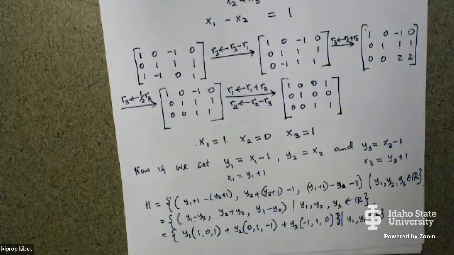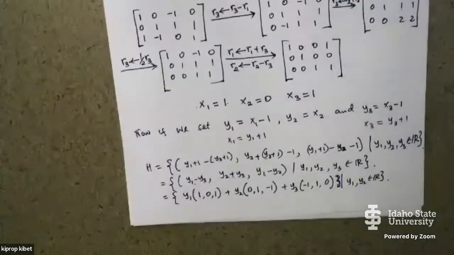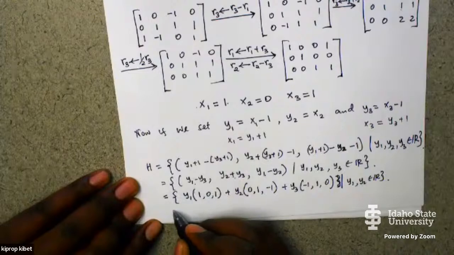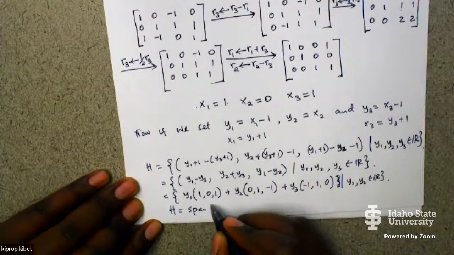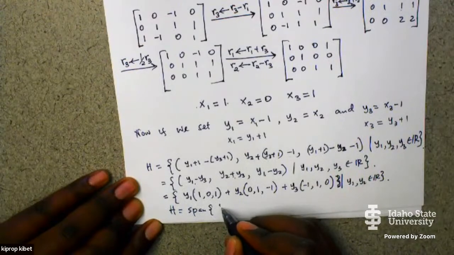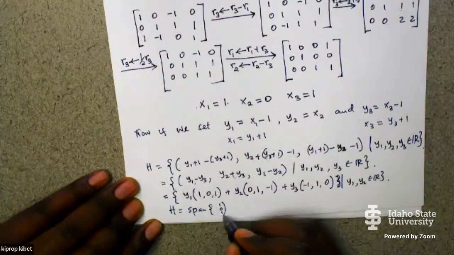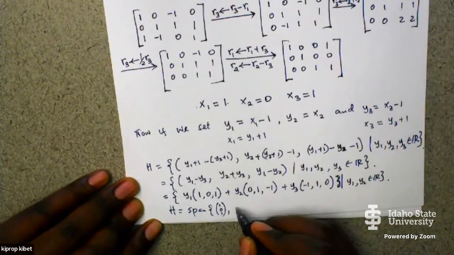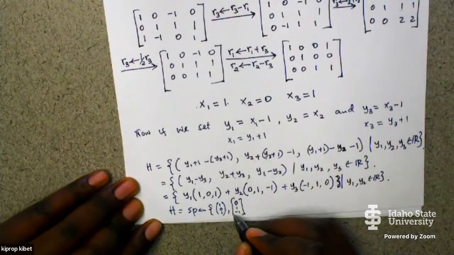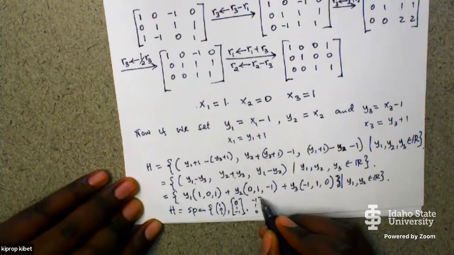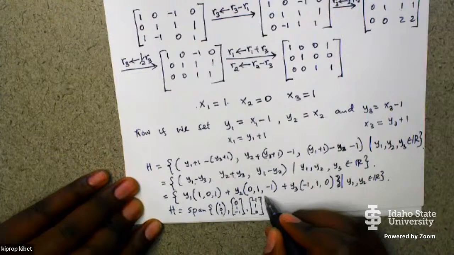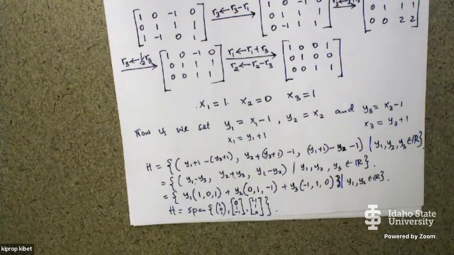So then we can see that our H is now a span of these vectors, which are 1, 0, 1, 0, 1, and minus 1, and -1, 1, and 0. So those are now the span.